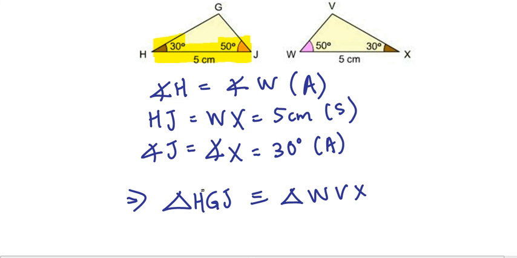Okay, we have to make sure that the sides correspond. H, in this case here, you see, I got it wrong already.